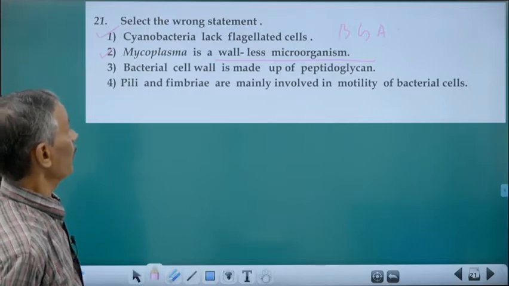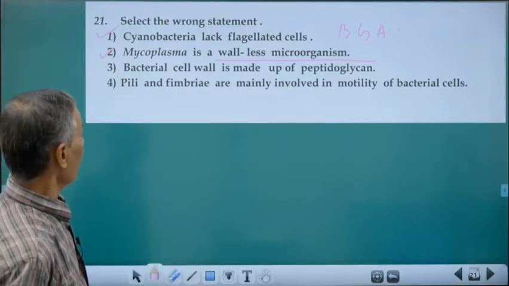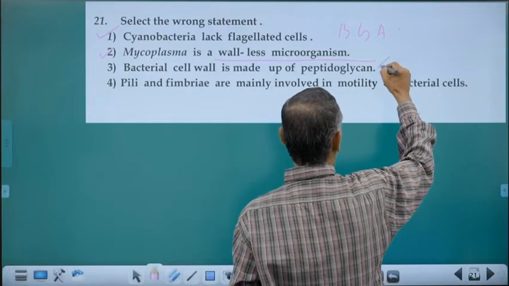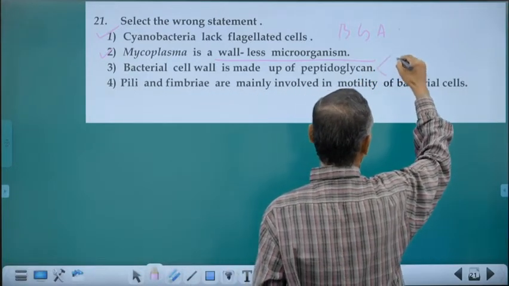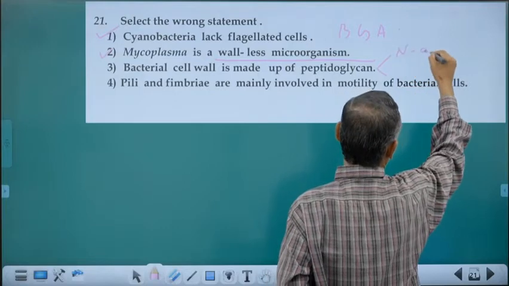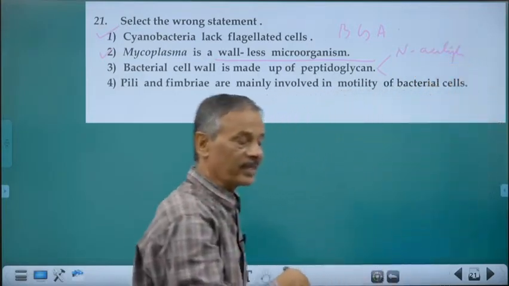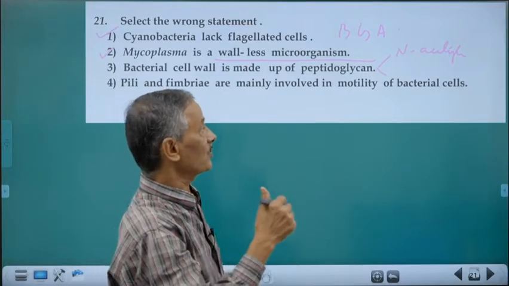Bacteria cell wall is made up of peptidoglycan. Correct. In eubacteria, you are having peptidoglycan, which is also called murein. What is that?